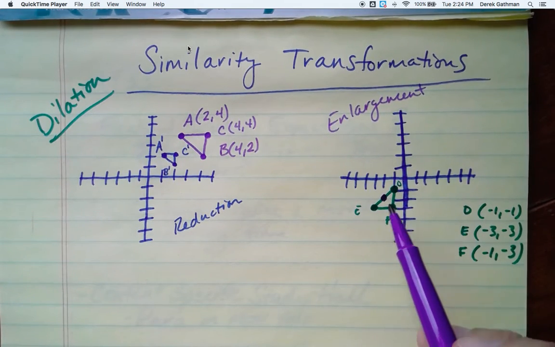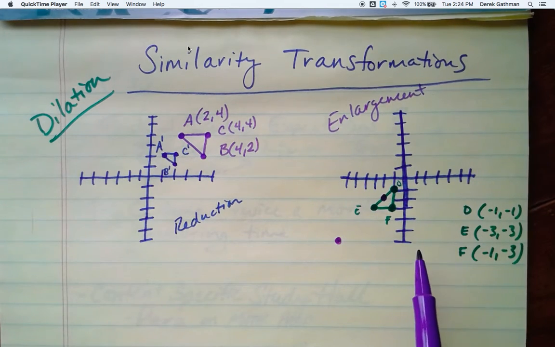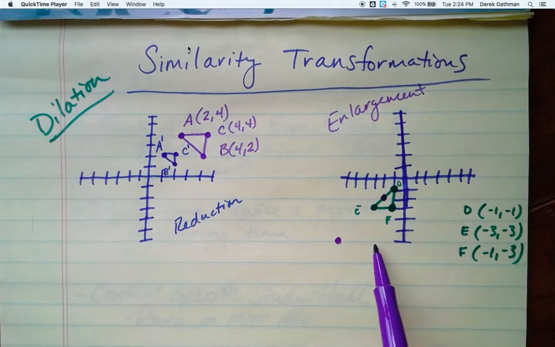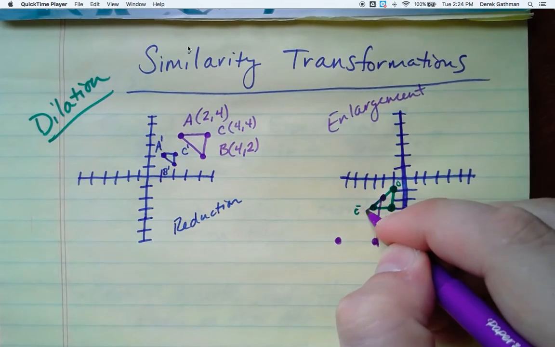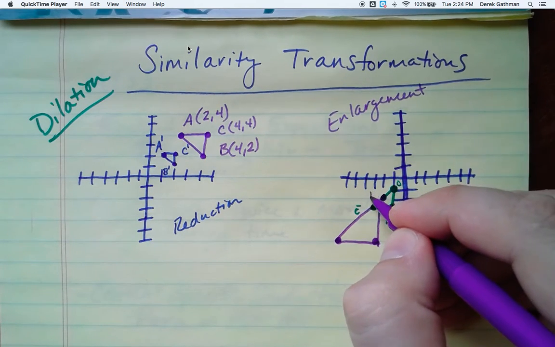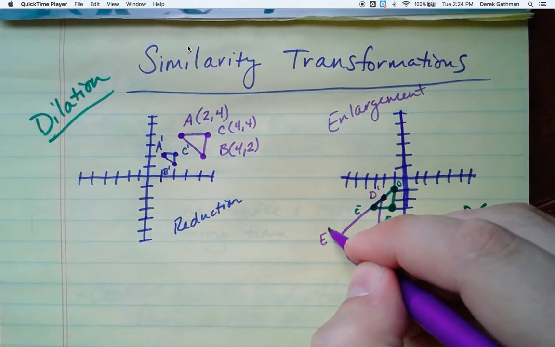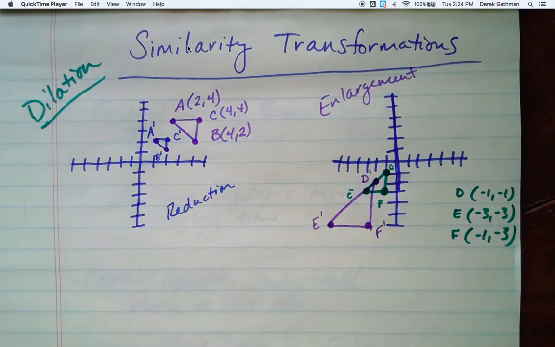E would be -6, -6. And F would be -2, -6. And so I'd have a new triangle, same shape, but just enlarged. And so those are my two types of dilations, either an enlargement or a reduction. So it's either going to get bigger or it's going to get smaller.